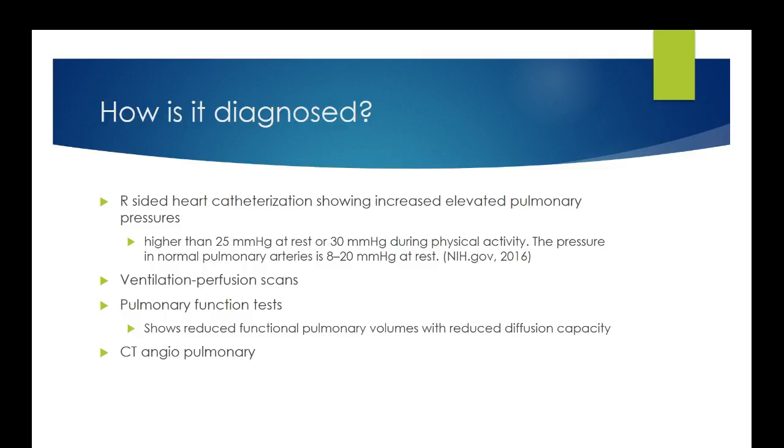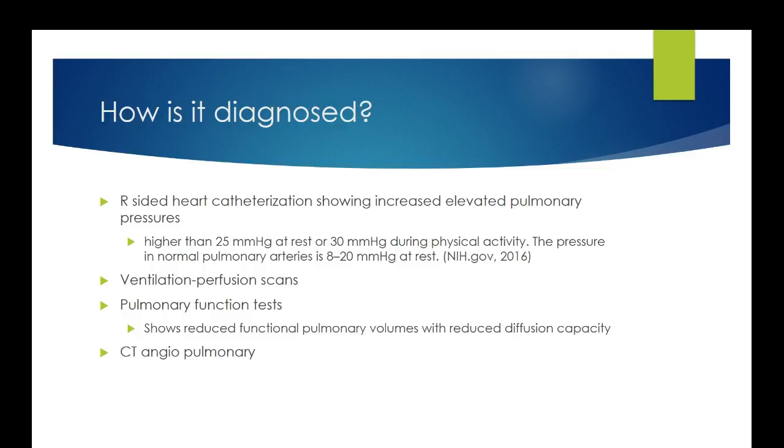So because of this, people with PAH typically have higher than 25 millimeters of mercury of pressure at rest, or 30 millimeters of mercury during physical activity. The pressure in normal pulmonary arteries is 80 to 20. So it's interesting to note, when we're talking about 100 to 140 millimeters of mercury for normal blood pressure, well, pulmonary blood pressure should be more like 80 to 120.